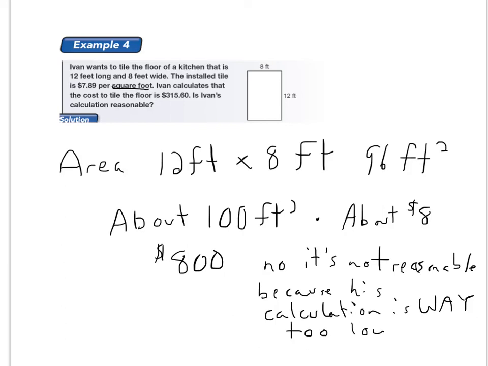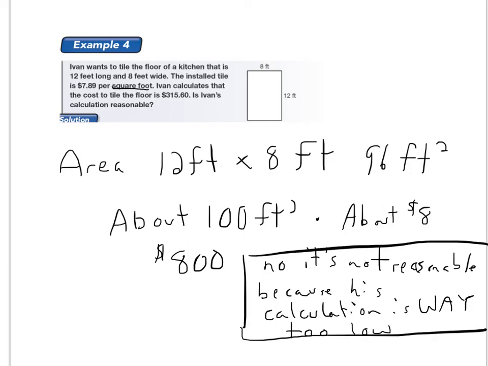Okay? His calculation was way less than our estimate was. Right? So again, that's one of the good things about estimating and rounding, is that it lets you see if you're in the ballpark, so to speak, on your guesses, okay, on your calculations.